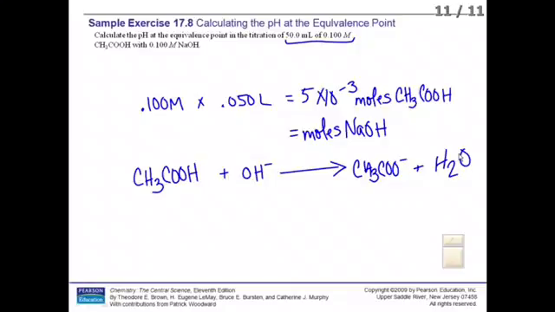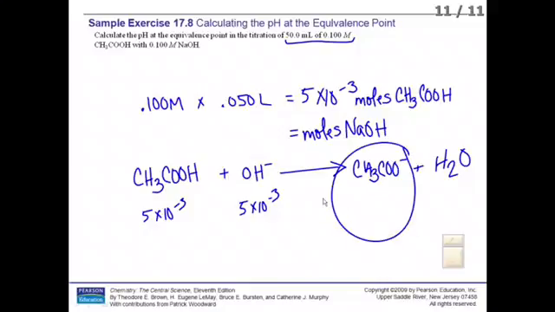So one of the things that they want to remind you of is that if you started the reaction here with 5 times 10 to the negative 3 of this, 5 times 10 to the negative 3 of that, guess what you're also making, with 5 times 10 to the negative 3 moles? You guessed it. This is all gone, this is all gone. You're making 5 times 10 to the negative 3 moles of the acetate ion. Okay? So guess what we're worried about with the acetate ion?